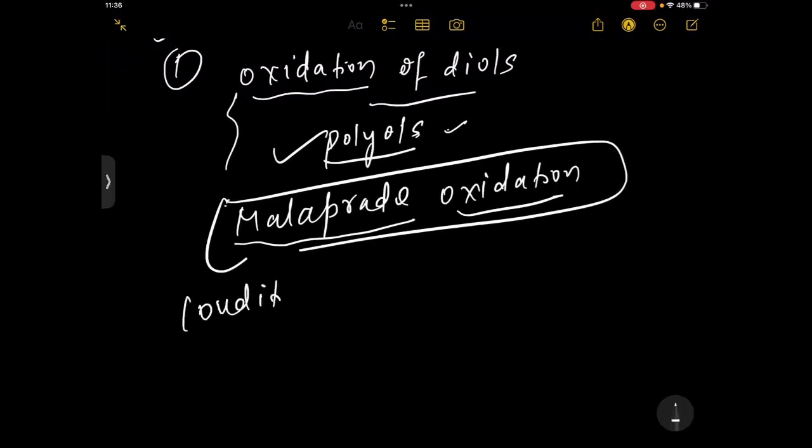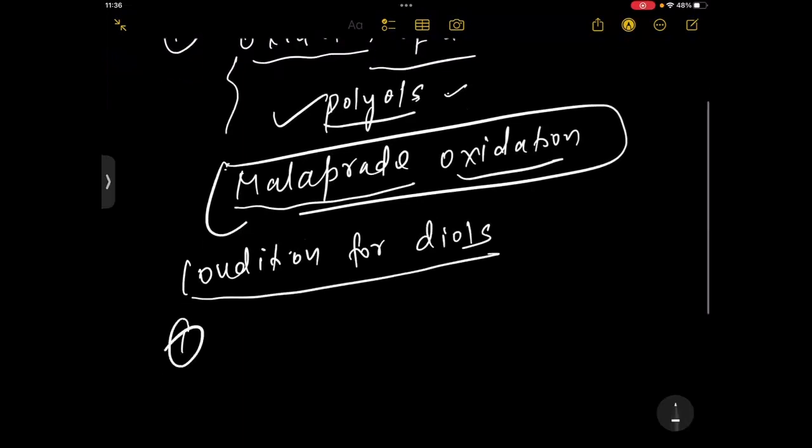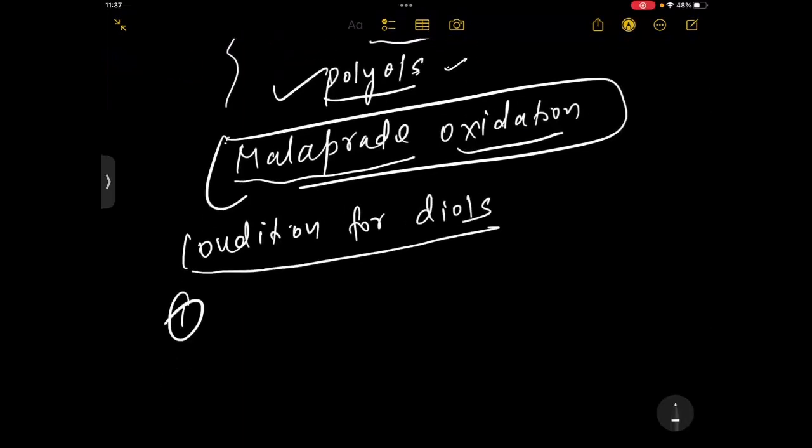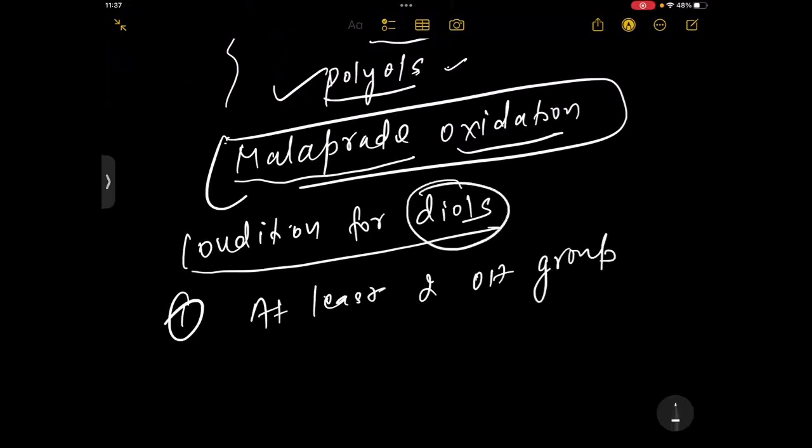What is the condition for diols? Number one is that at least two OH groups should be there in the chain. Means if you have a diol, both OH groups should be at adjacent positions.